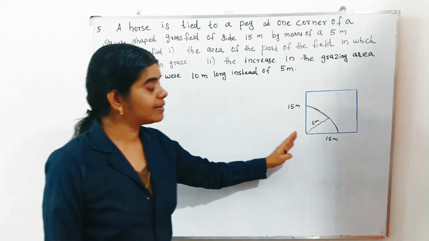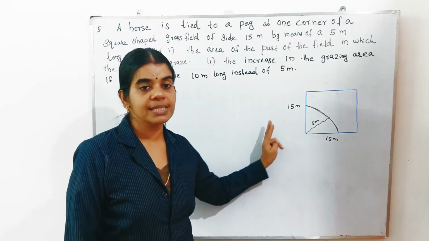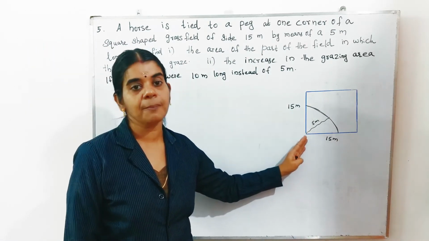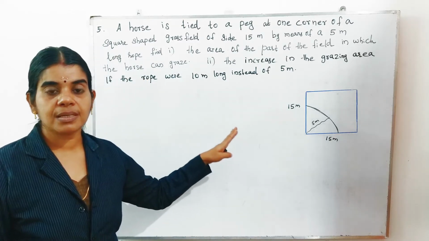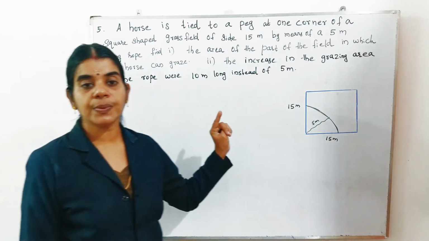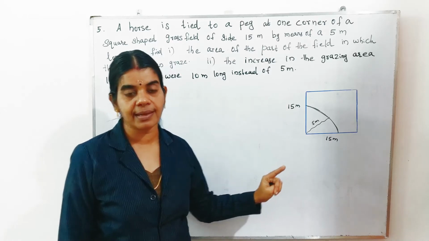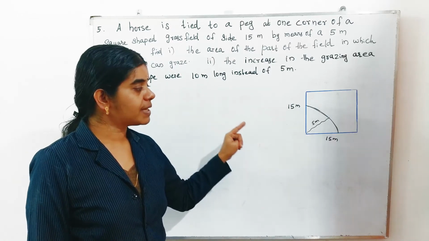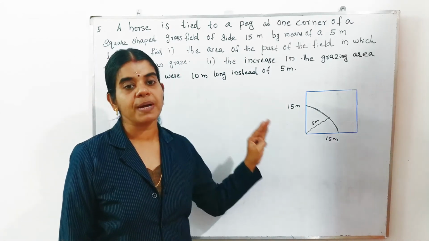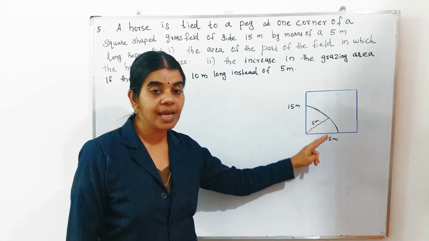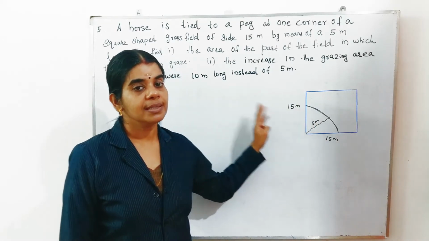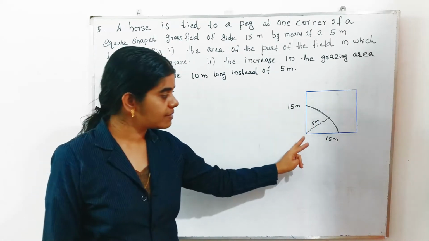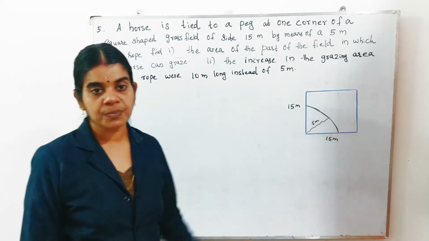It will be the quadrant of a circle. This is also a sector and also a quadrant of a circle. Then you know that theta is equal to 90 degrees. Then theta by 360 into pi r square, that will be the area of the field the horse can graze using the 5-meter long rope.